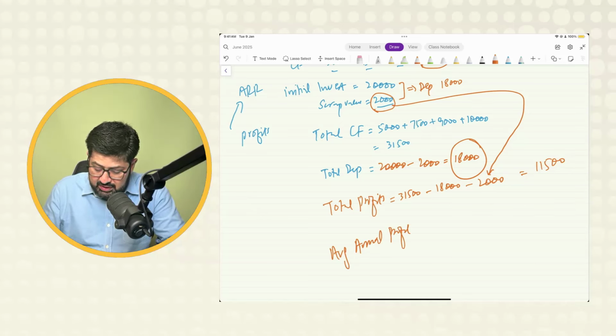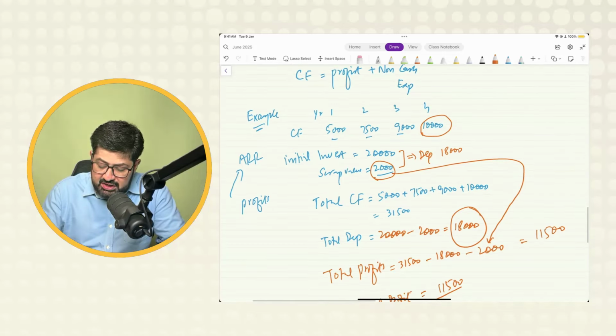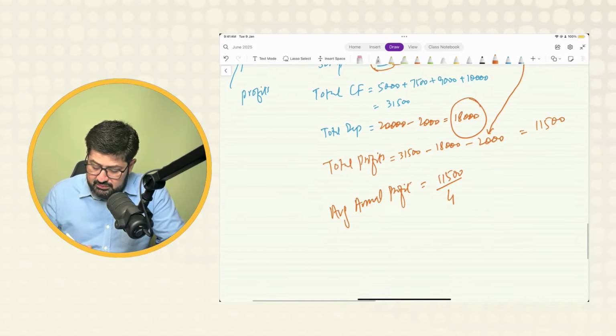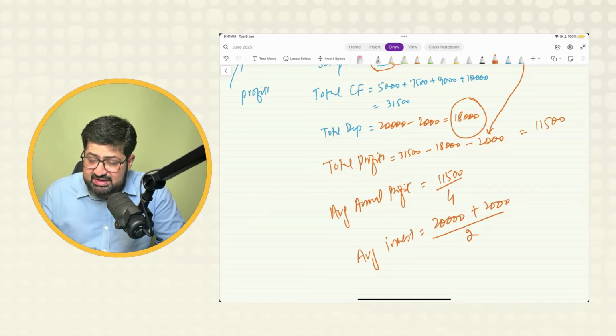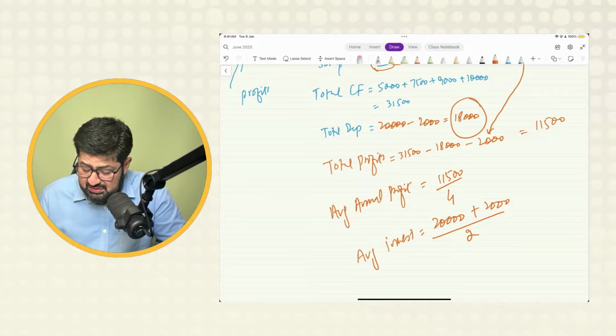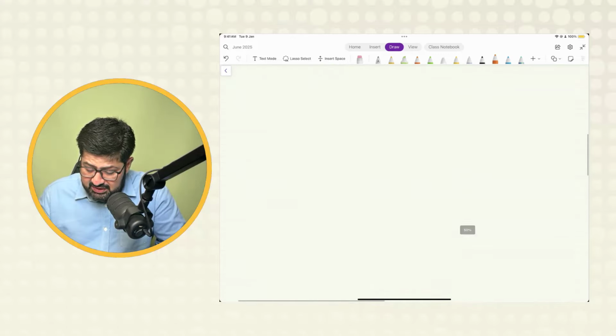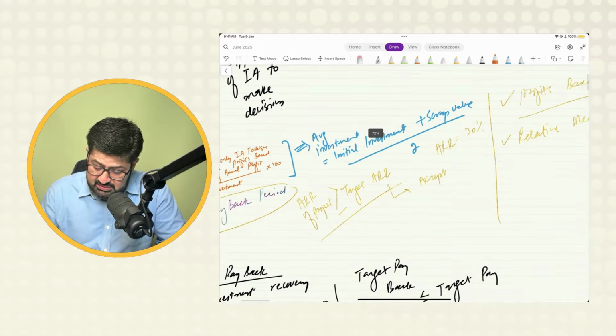So average annual profit we can calculate now: 11,500 divided by number of years. Average investment we can calculate: 20,000 is initial investment, 2,000 is scrap value, initial investment plus scrap value, divided by 2. We have learned it.